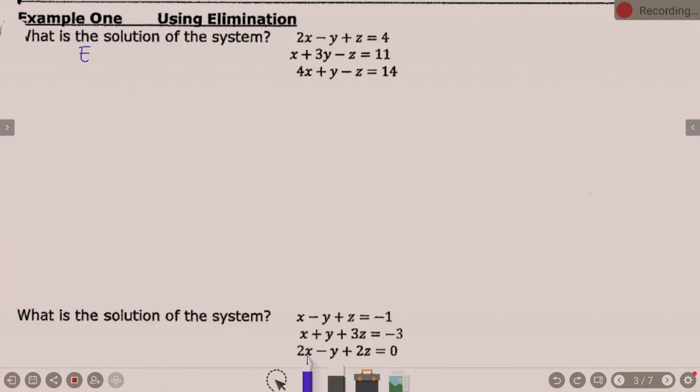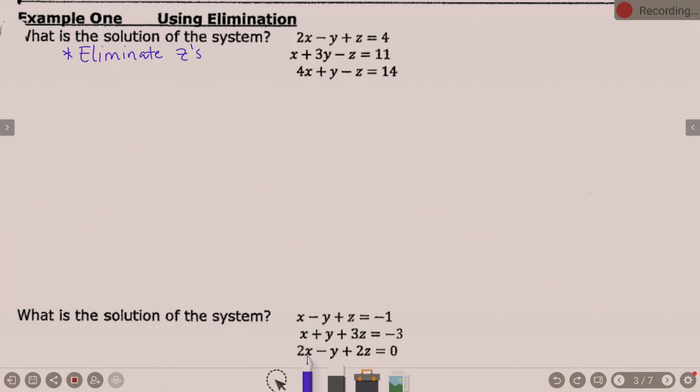Hopefully you know me well enough to know I have a process here, and organization is important on these problems. I'm going to teach the same process every time, but we're going to eliminate Z's.